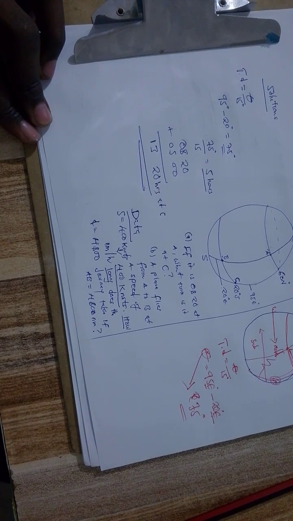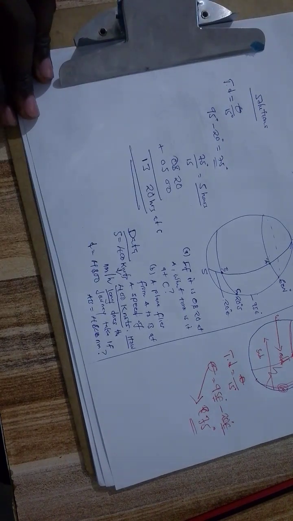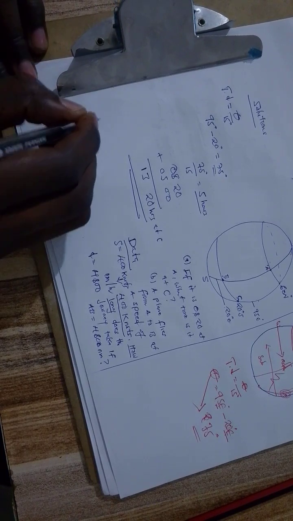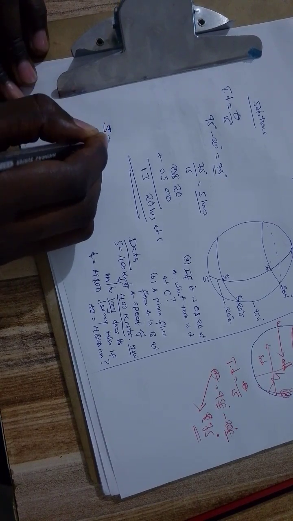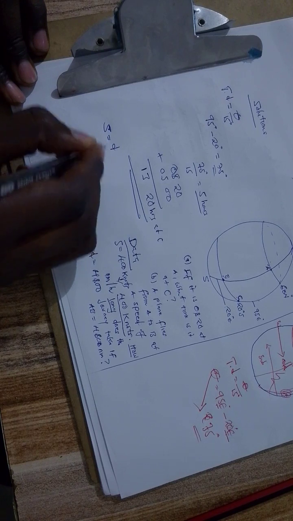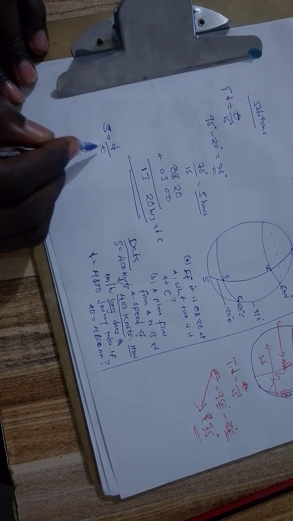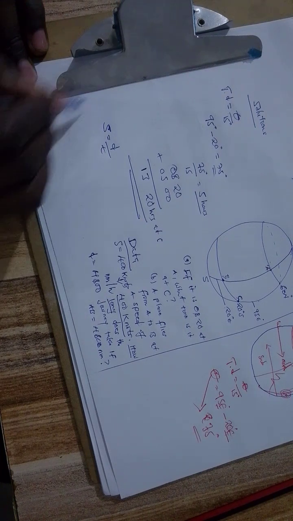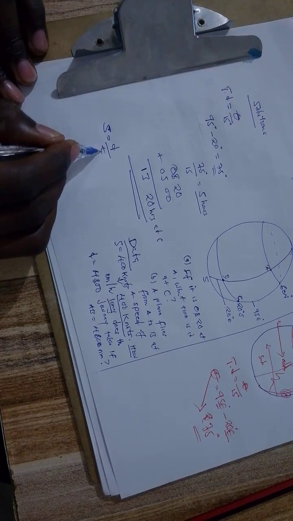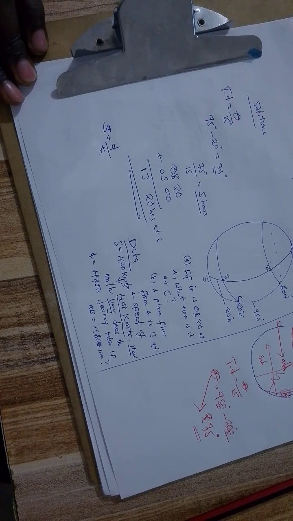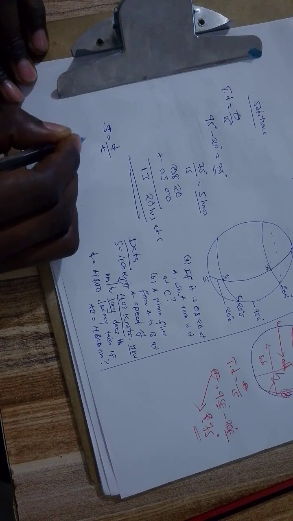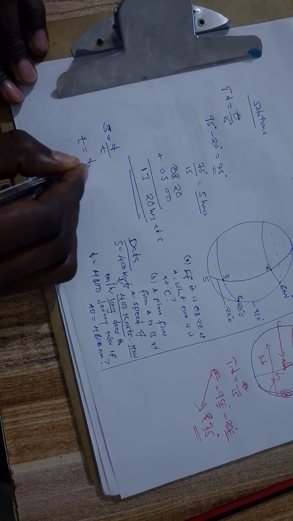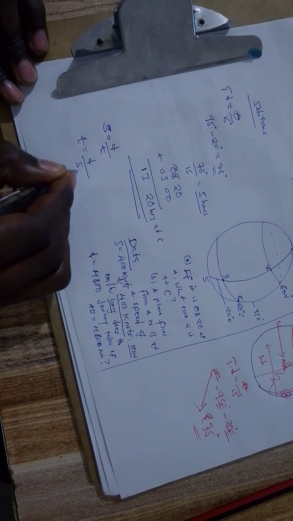For us to find the time, we use the formula for speed: speed is equal to distance over time. Then we make t the subject of the formula. When the equation is like this, you interchange these two and maintain the top letter. So time is equal to distance over speed.